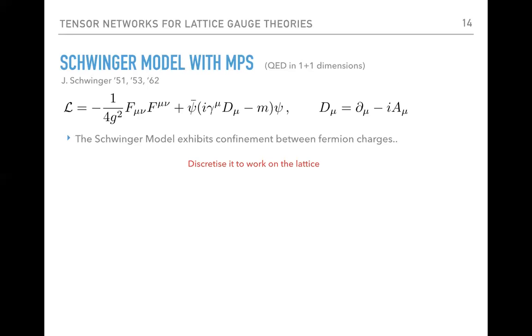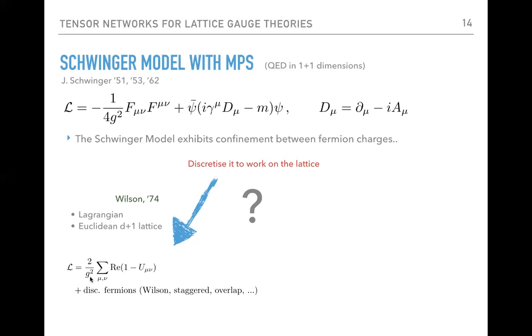So if you want to study this model on the lattice, you have basically a couple of things to do. One way of doing things is the Wilson approach, the one that we all know about, which is to take the Lagrangian and discretize it on a Euclidean d+1 lattice. Now d is the space dimension.